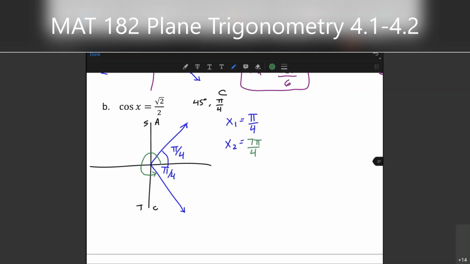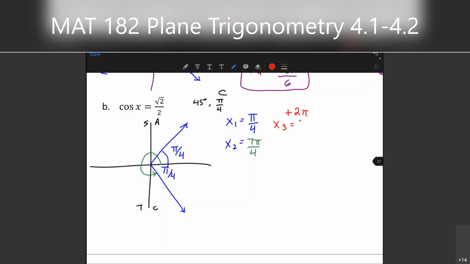All right, and now we're looking for some coterminal angles to these existing angles. So again, if I think about adding 2 pi to each of these? Well, the first one we could say x3. Third solution we could get if we add 2 pi would be 2 pi plus pi over 4.